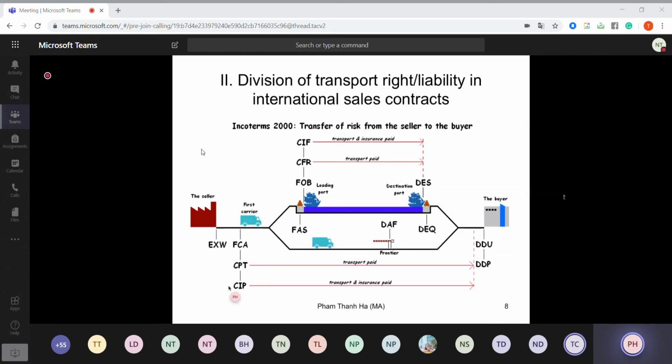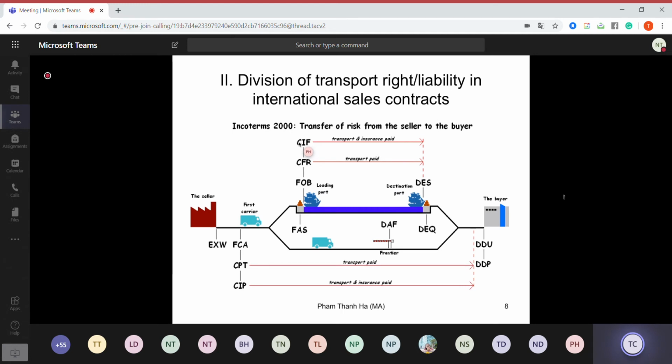So I'd like to ask one more question. What is the difference between the CIP and CIF? What is the main difference between the CIP and CIF? And similarly, what is the difference between the CPT and CFR? The similarity between the CIP and the CIF is that the seller must arrange the transport and the insurance.